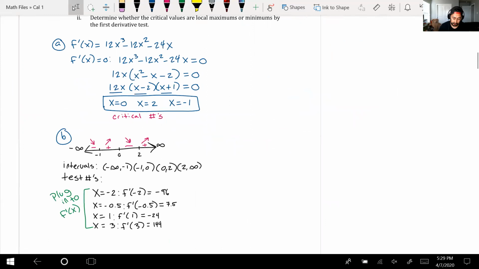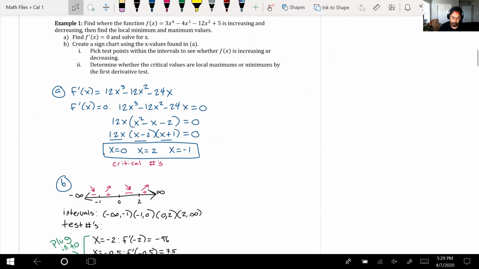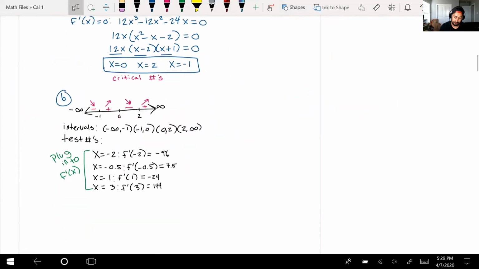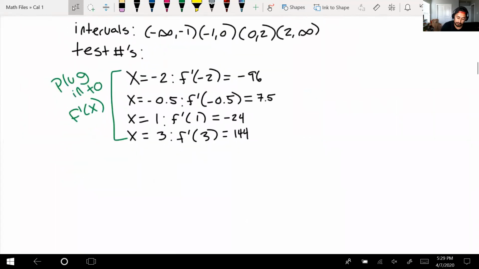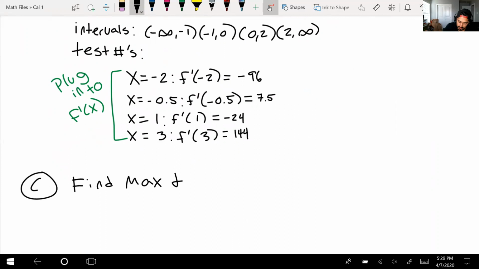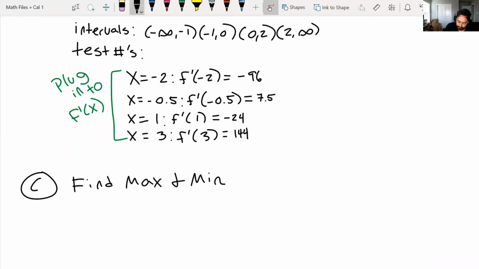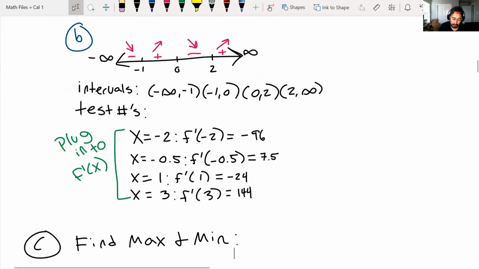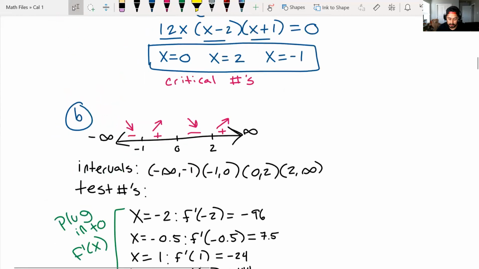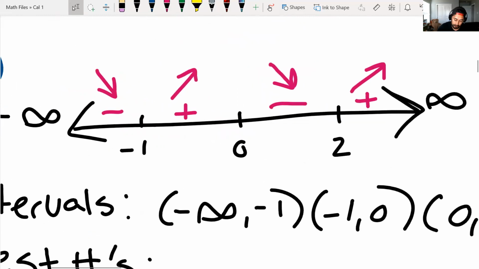Okay, there's B. Now, step C, let's find maximums and minimums, which means we have to look at our sign chart. Let's look at -1.